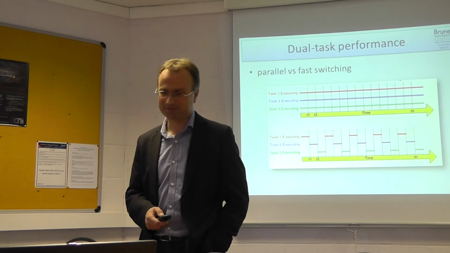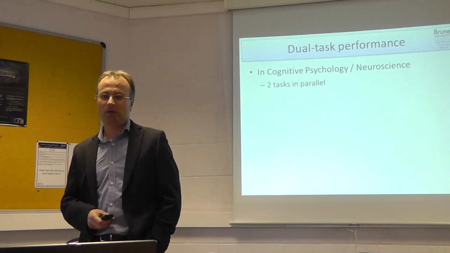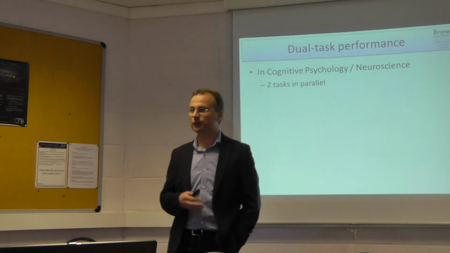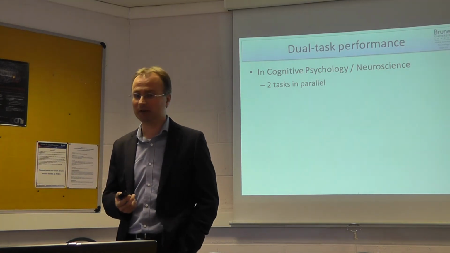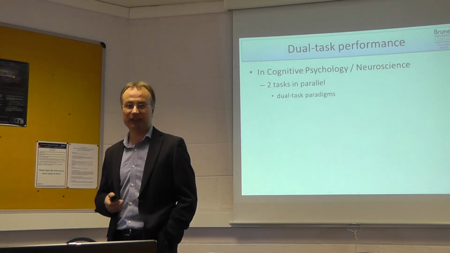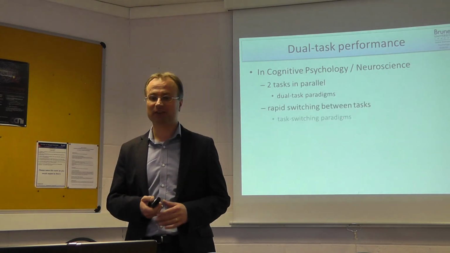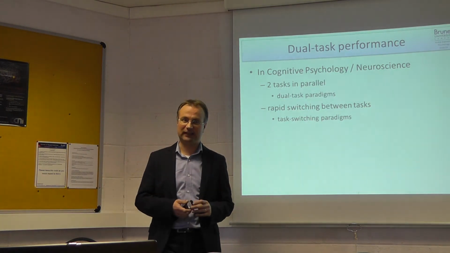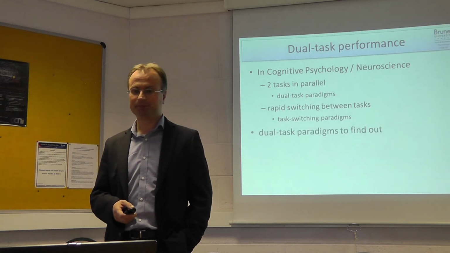In cognitive psychology and cognitive neuroscience, usually when we talk about working on two tasks in parallel, we speak of dual task performance. And when we have the rapid switching between tasks, then we would use task switching paradigms to investigate that. So just to make the distinction clear here.